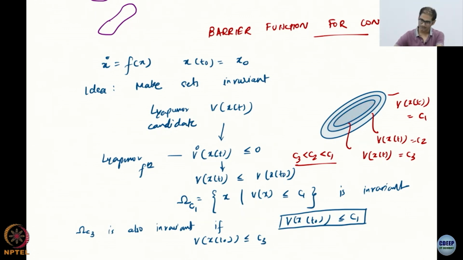But the point is, this is not what we are necessarily looking for, okay. It might be the case that this guy is our safety set, that is, I want to remain only inside this larger ellipsoid, I am allowed to operate anywhere inside this larger region. But because of this Lyapunov style of construction, if I started inside this set, I never escape this.